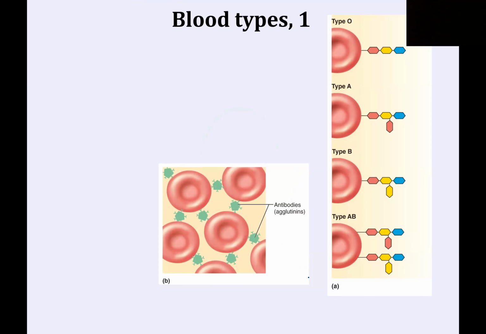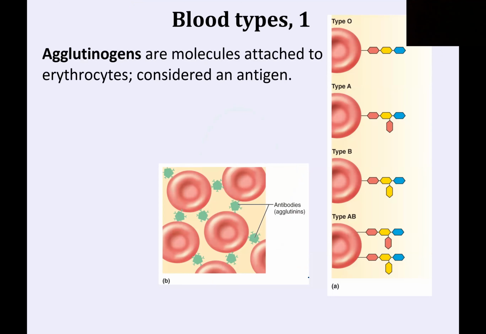Blood types. You have the term agglutinogen, which we mentioned back in the lymphatic chapter. These are molecules attached to the erythrocyte, and you can see them. See it here. It's simply a chain of monosaccharides.